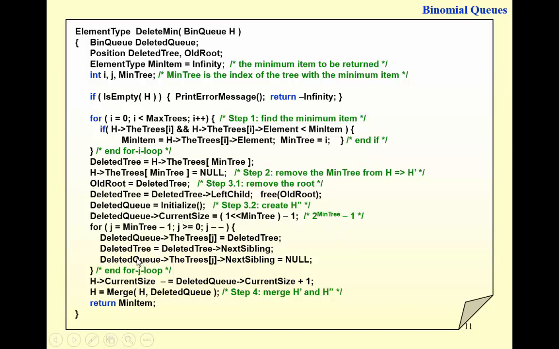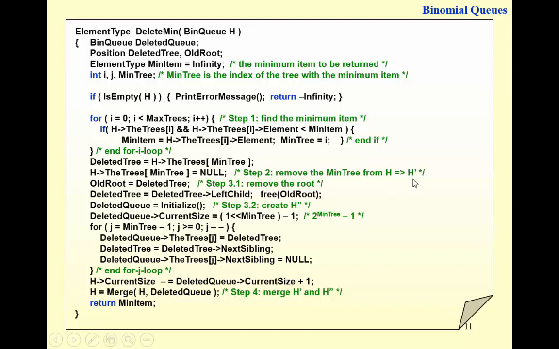Alright, and this part is very simple. We just visit everyone along that next sibling list and assign each root to the corresponding tree. That's all. Here we are updating the current size of h. What is that? This h is this one.